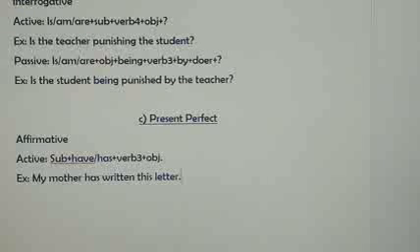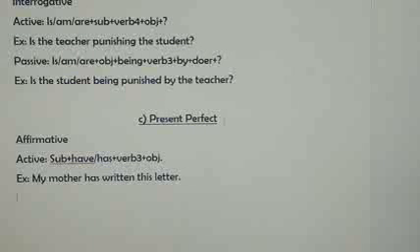My mother has. Why has over here? Because my mother is singular. That's why I have applied has as an auxiliary verb for the subject my mother. Written, the third form of verb, I need to use over here. And the object is this letter.